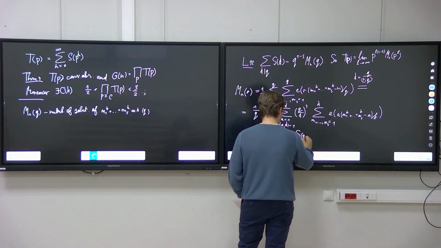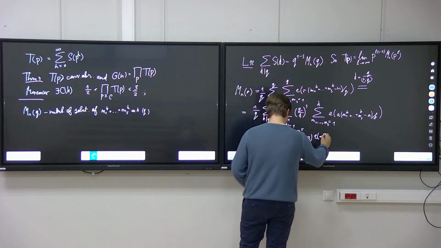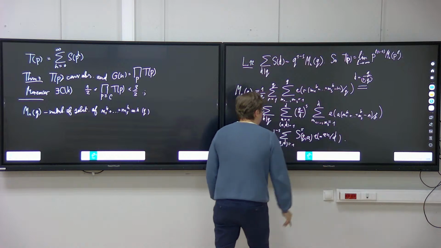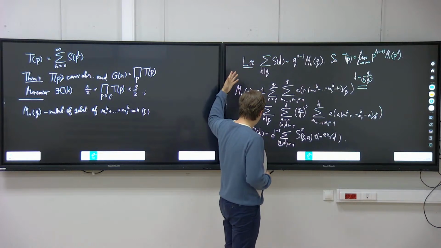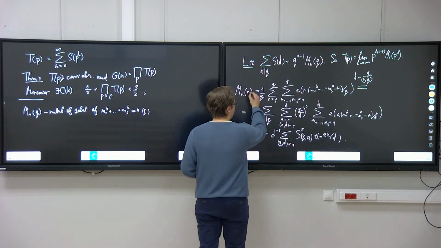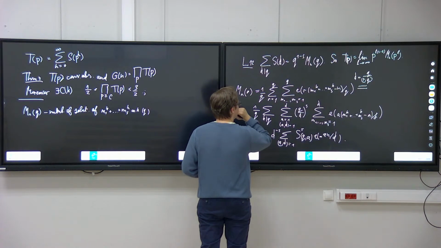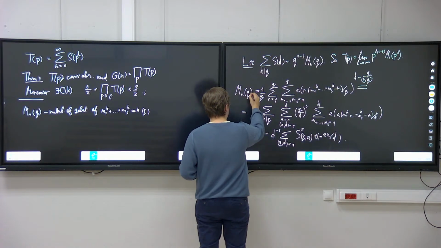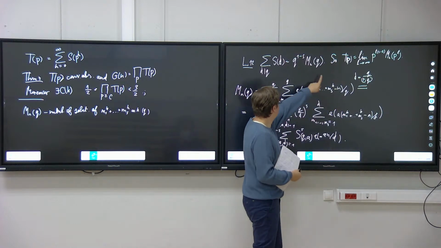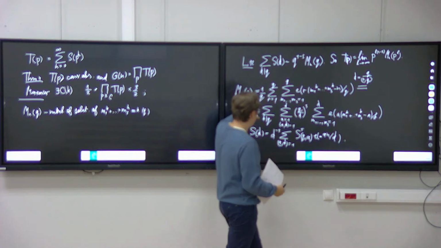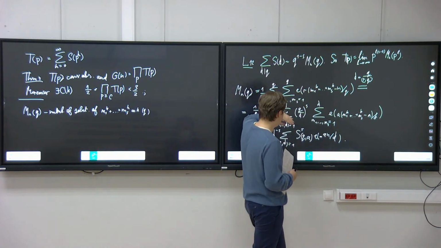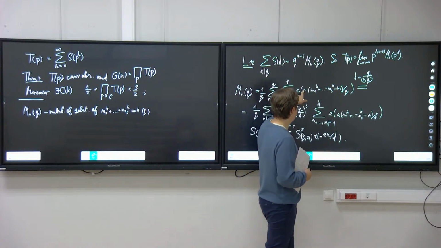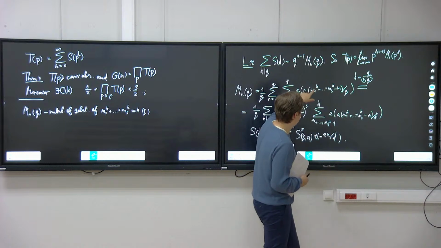S of q, a to the power s, minus a n over D. Okay, we write our M_n of q in such a way, and we regrouped our sum so that the greatest common divisor of r and q is fixed.